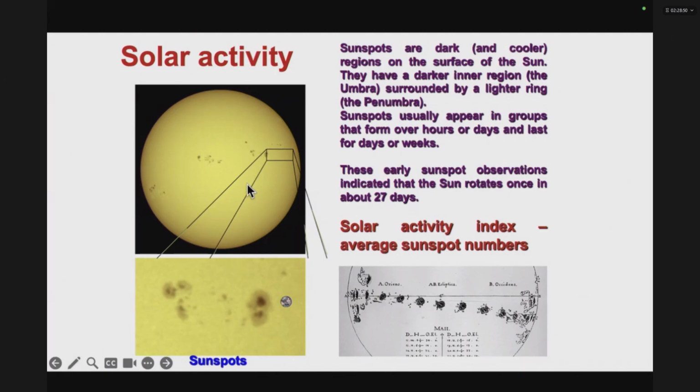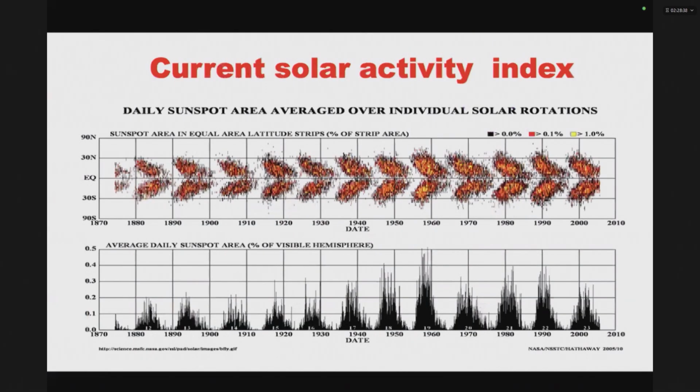And Wolf noted that the number of sunspots changes periodically on the solar surface, and he introduced the cycles of solar activity index, showing the number of sunspots on the surface.